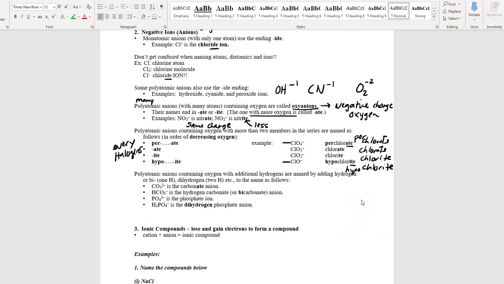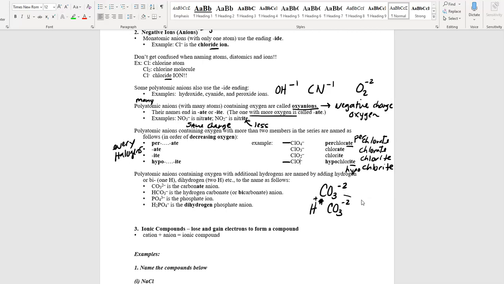So for example, if I have carbonate, carbonate is -2. But what if I want to keep a polyatomic but add a hydrogen? Before you try to crisscross and make an acid, I didn't ask for that. I wanted to keep it a polyatomic.